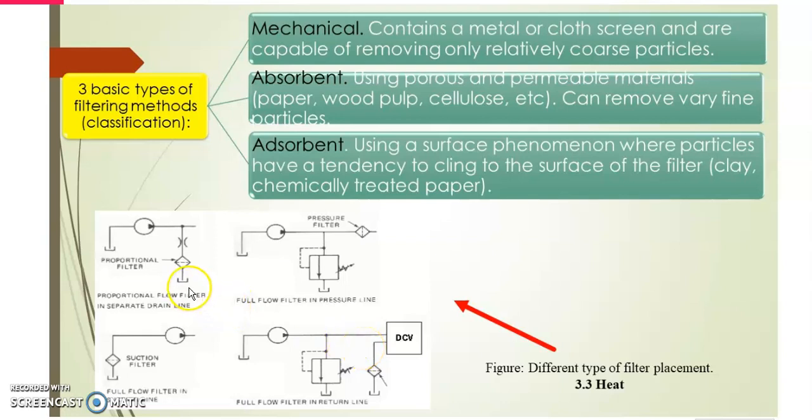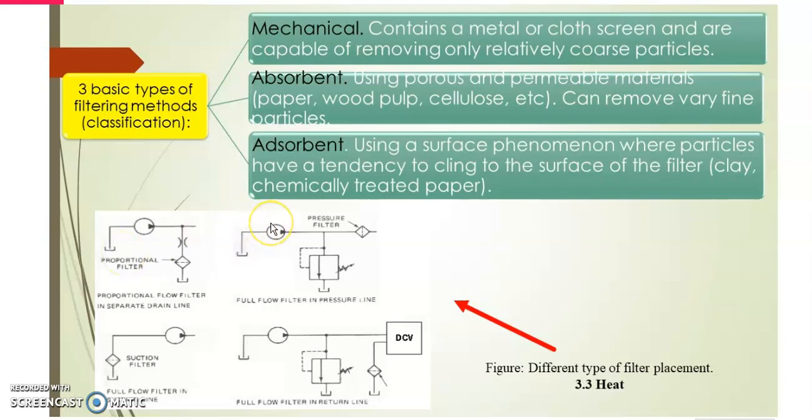For the proportional flow filter in the separate drain line, the primary disadvantages of this filter placement are that there is no positive protection of any specific component within the system, and there is no way to know when the filter is ready.